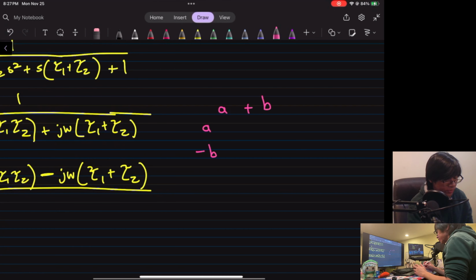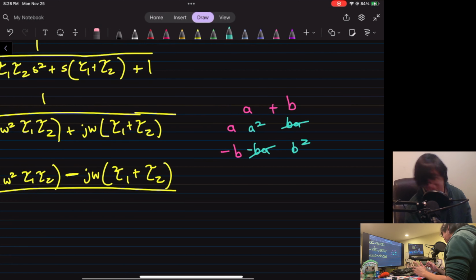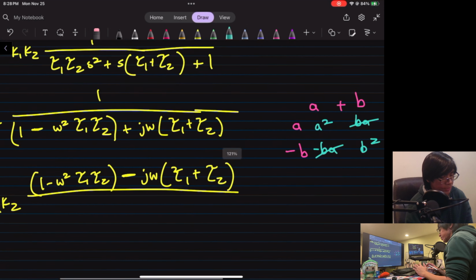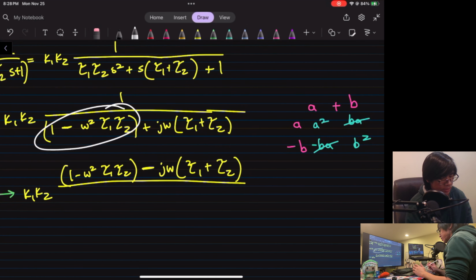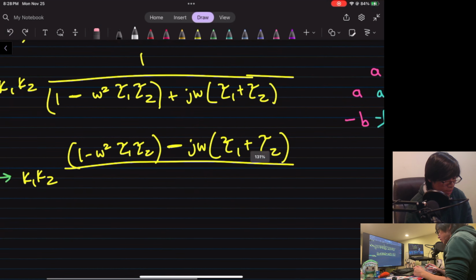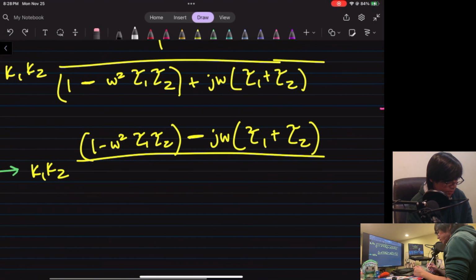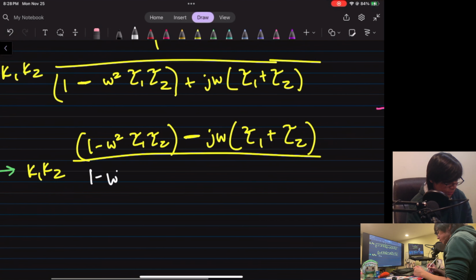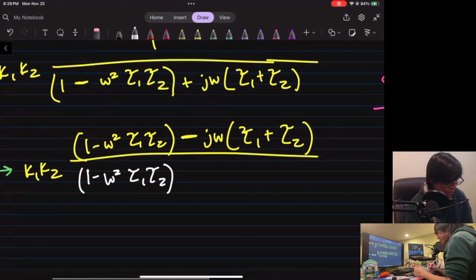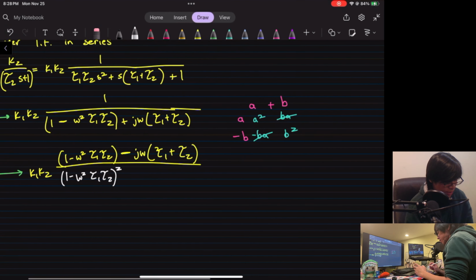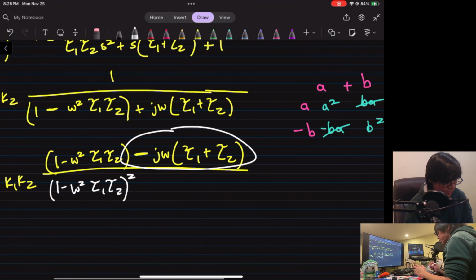The cross terms cancel out, negative ba and ba, and we just have to worry about a squared and b squared. This is our a, and this is our b. So this denominator should just be the top squared, and I don't think it's worth trying to square that now. Then we have our b term squared.